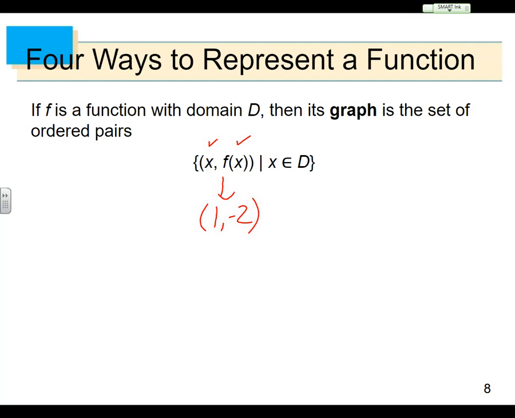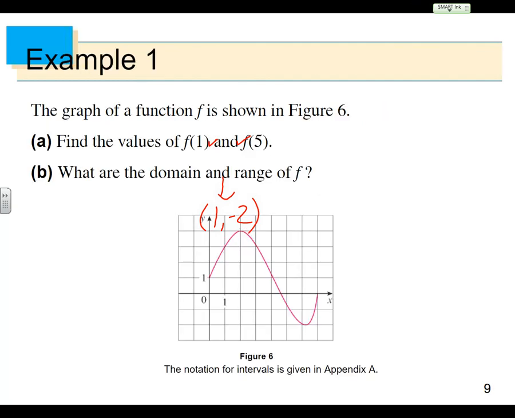So the first thing I want to do is look at this graph. I want to be able to find the values of f(1) and f(5).